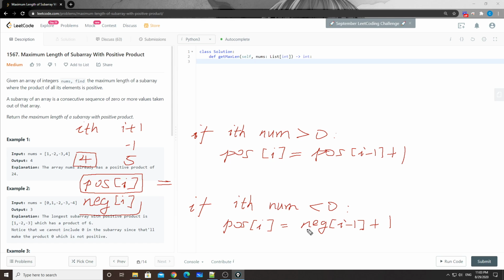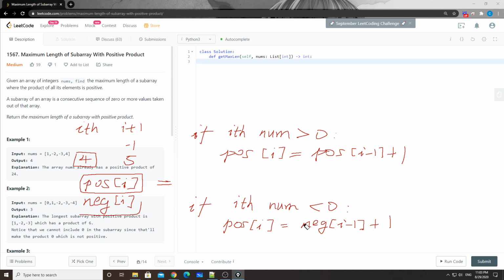Why is that? If negative I minus 1 is 0, which means there's no negative product before the ith number, then the current positive array should be equal to 0 instead of 1, right? So that's why we have to do a simple check here.